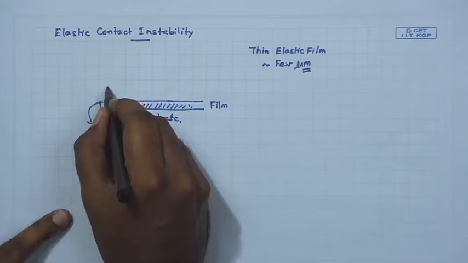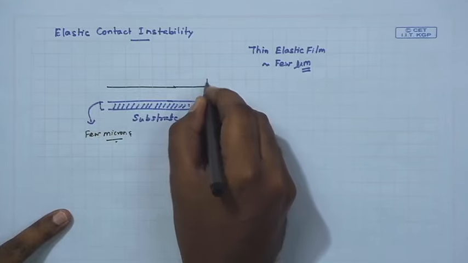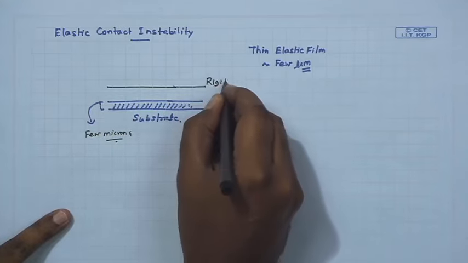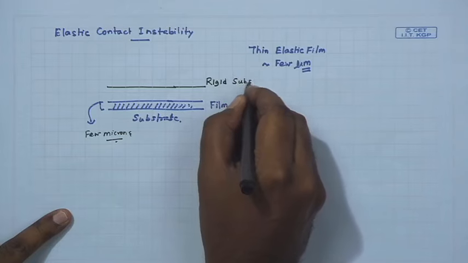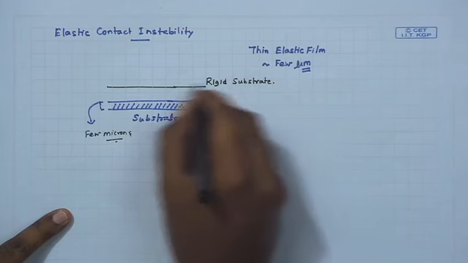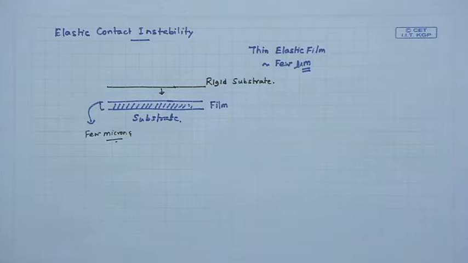But the issue is that you have another rigid substrate which is progressively coming in contact with the film. I will take help from the AFM literature to use the word approach. That's the easiest way to describe the situation, isn't it? A rigid surface is approaching a soft elastic film coated on another surface.